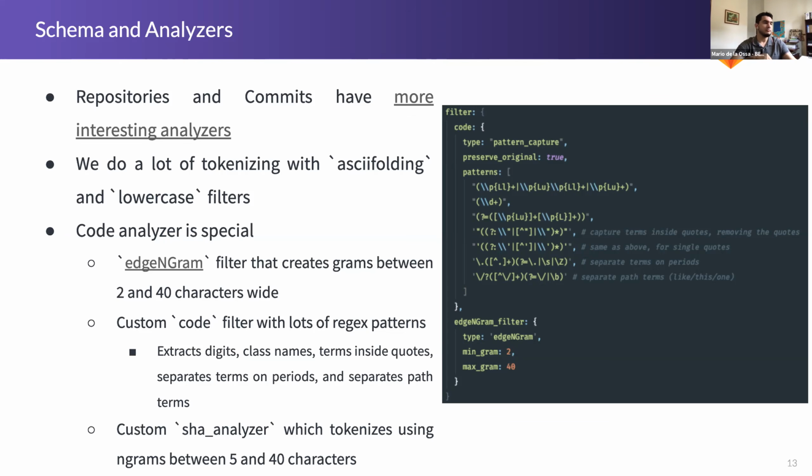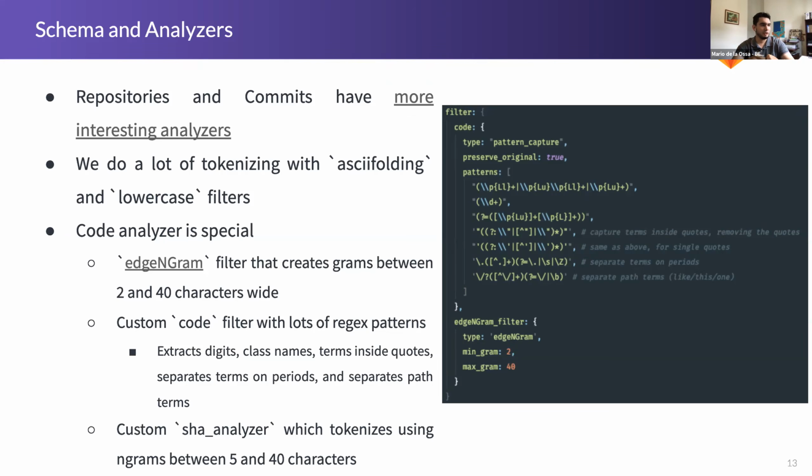We use this for code, and it basically means that if you have a very long string with a lot of periods, like if you call a very long function and then you add a parenthesis and some arguments, sometimes you want to find everything that has just the function name. If we did not have this edge n-gram filter, we would not be able to find that function name. Or if you want a partial function name, like functions that have a specific word inside of them, we need this in order for Elasticsearch to be able to find it.